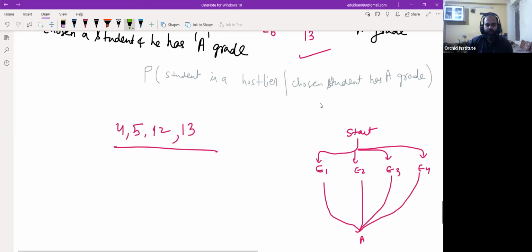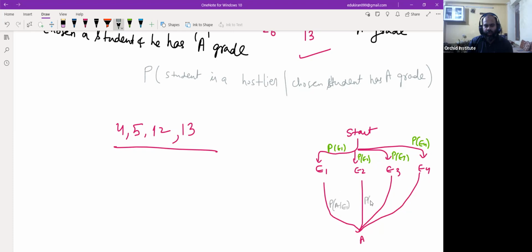And after making the tree diagram, find this probability of E1, this probability of E2, this probability of E3, probability of E4. It depends how many E1, E2, so on are there. So keep on writing like this. This will be probability of A by E1.